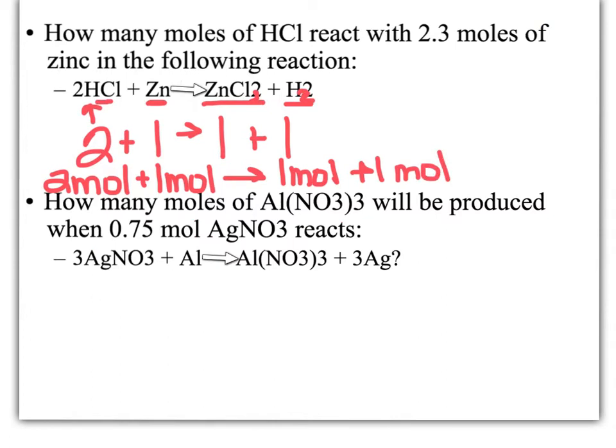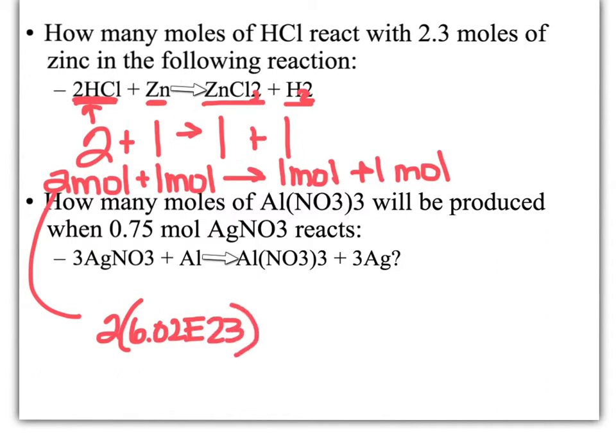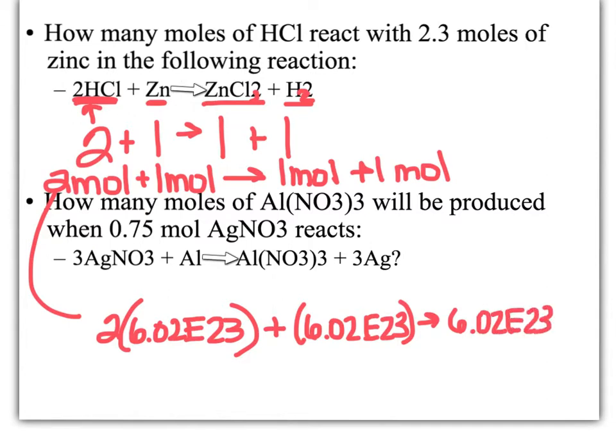And you might say, well, I don't understand. How would moles be the same? Well, remember, moles is an amount. So if 2 hydrochloric acids react, then that would mean that 2 times 6.02 times 10 to the 23rd hydrochloric acids would react with 6.02 times 10 to the 23rd zincs, and they would make 6.02 times 10 to the 23rd zinc chlorides and 6.02 times 10 to the 23rd hydrogens.